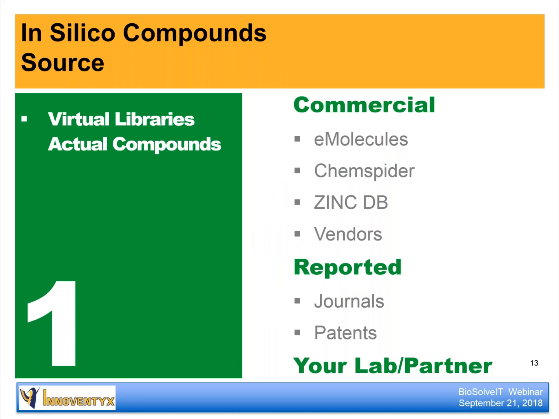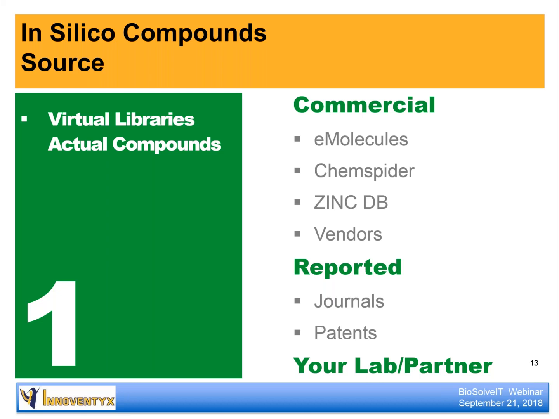Now, when we look at the chemicals, we're going to have two sources. In terms of chemicals, we're going to be creating virtual libraries. I call them actual libraries with actual compounds, and theoretical compounds. And what do I mean by that? By actual compounds, I mean compounds that we know they exist.